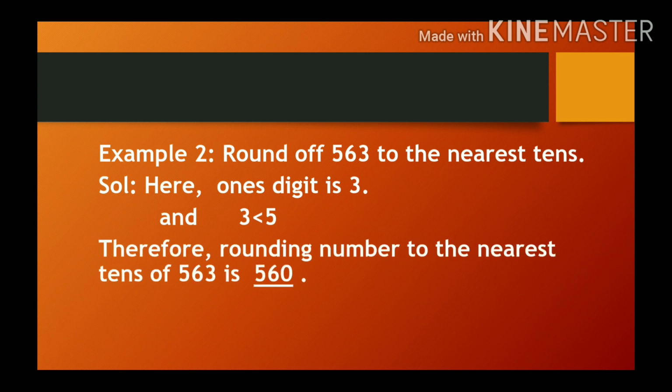Therefore, rounding 563 to the nearest tens gives 560. As we have seen in the working rule, if the ones digit is less than 5, we replace the ones digit by 0 and keep the other numbers as they are.